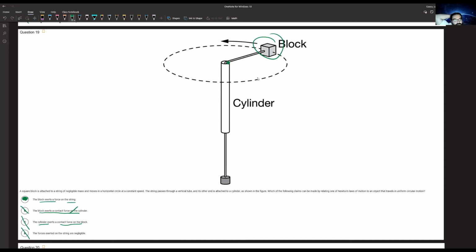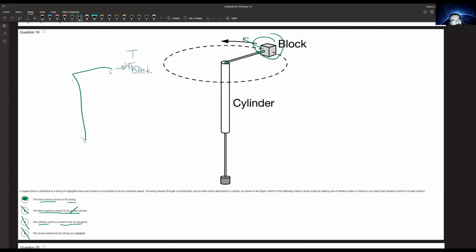The block exerts a force on the string. Because this object wants to shoot away, it pulls on the string and the string pulls on the block, creating that tension. If I were to draw a free body diagram of the string, there would be the centrifugal force from the block pulling it away, its tendency to move out, really just the tension.